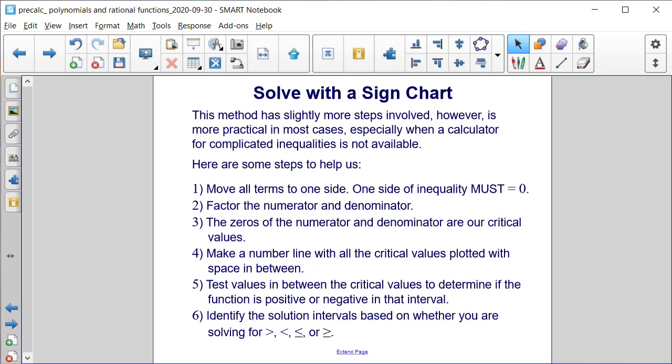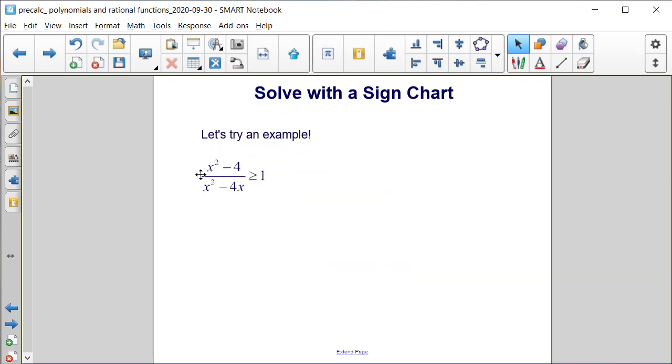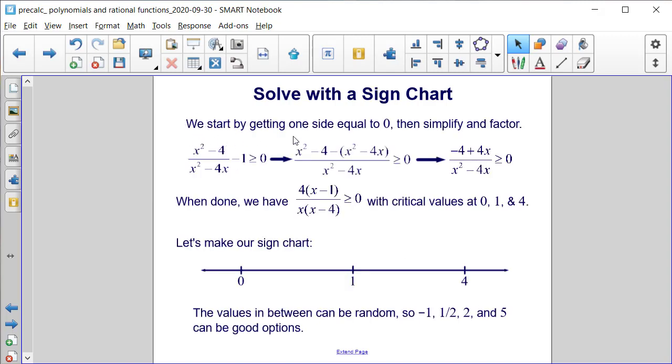Let's try an example. Our example is x squared minus 4 over x squared minus 4x is greater than or equal to 1. We're going to start our example by getting one side equal to 0.